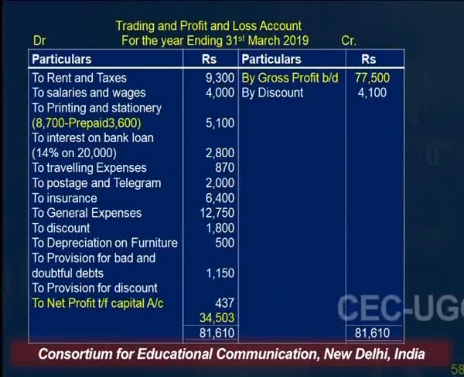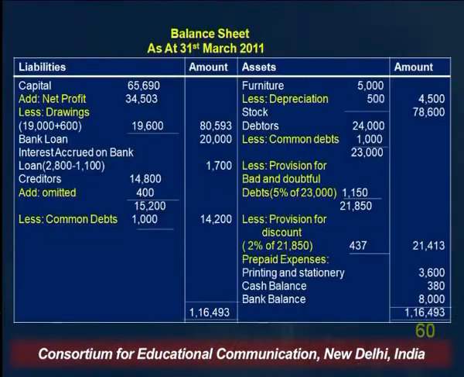This needs to be carried forward. So only 5100 is related with the current year. The amount which is related with the current year will be shown in the current year only. And this 3600 is a prepaid expense. If it is a prepaid expense, this will also be shown on the asset side of the balance sheet. As you can see, this prepaid expense of rupees 3600 is shown on the asset side of the balance sheet.